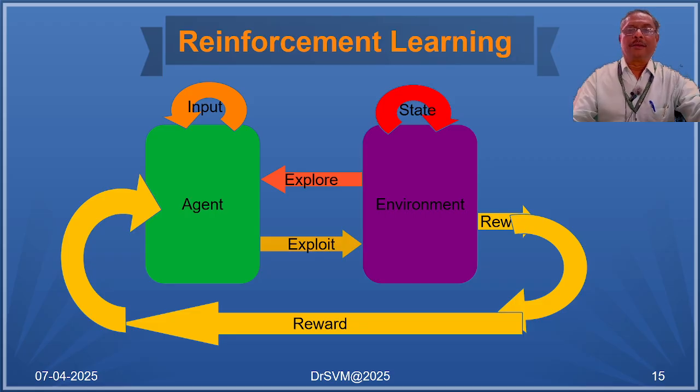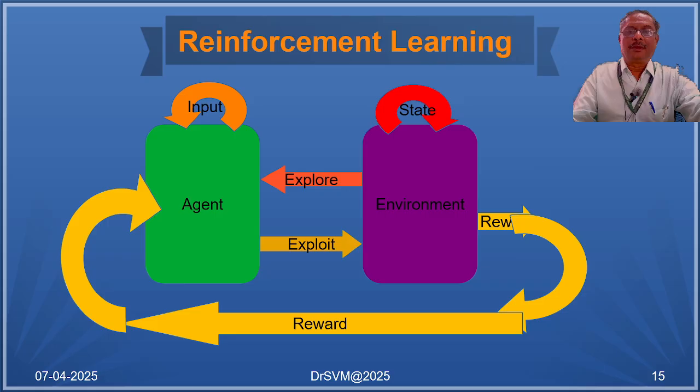That change is called state. We have various states, and when the agent exploits the environment, the state of the environment changes, and because of this, the cycle may continue to move further for a longer distance, or may fall down immediately. If it continues to move further, then we get a positive reward.